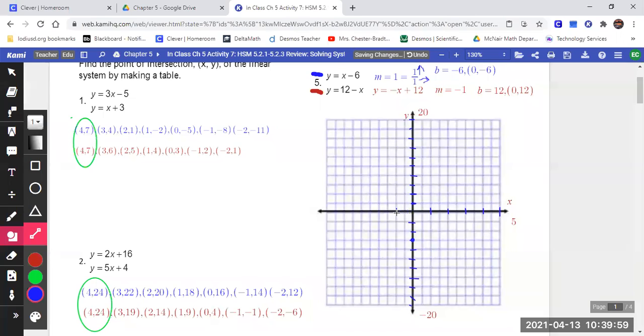So since my y's have to go by 2's, my x's have to go by 2.